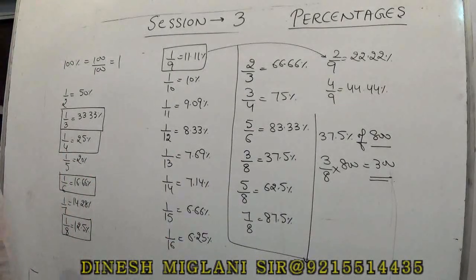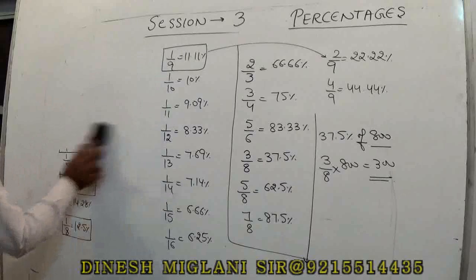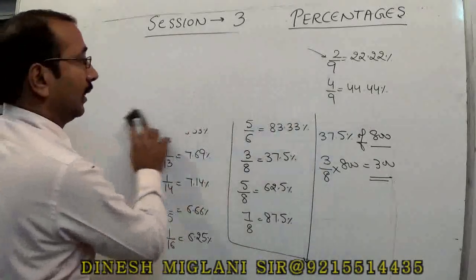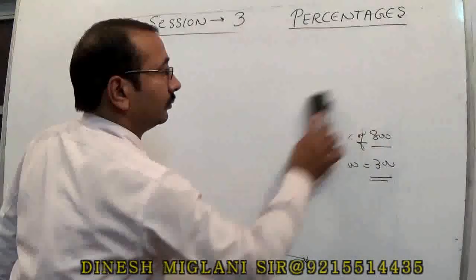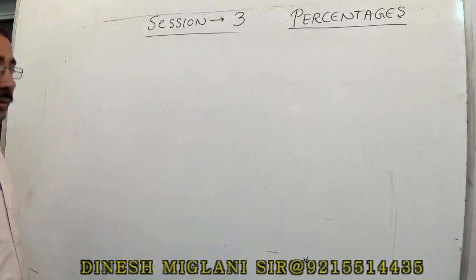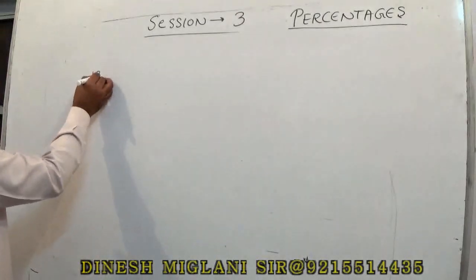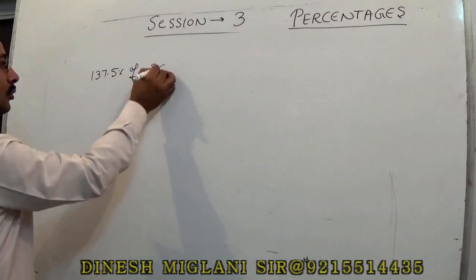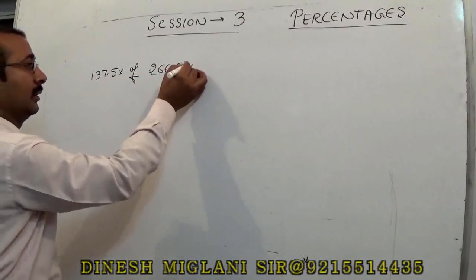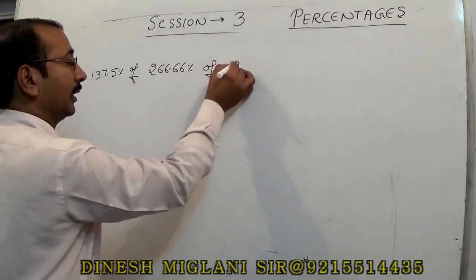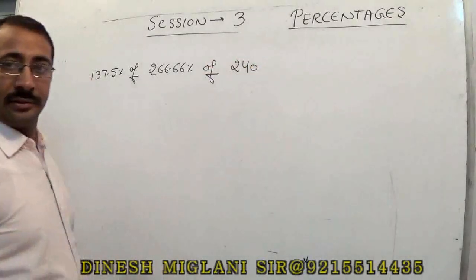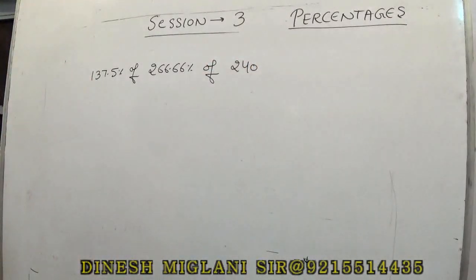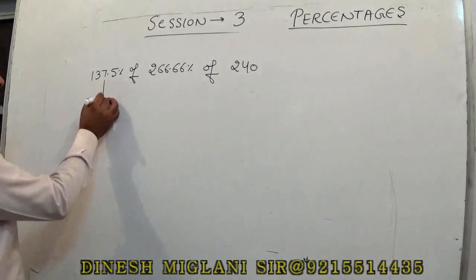Now we understand how and where to use these type of percentages. For example, if I ask you, you have to find the value of 137.5% of 266.66% of 240. That is our statement. We just start with answering it. 137.5%.